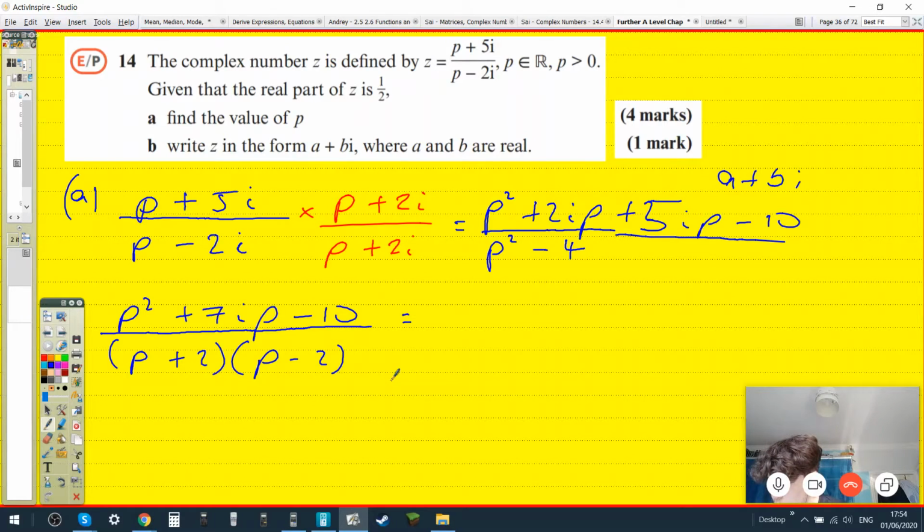Minus 10, 2 and 5. p minus 5, p plus 2. Let's see. No, the top won't factorize at all, will it?